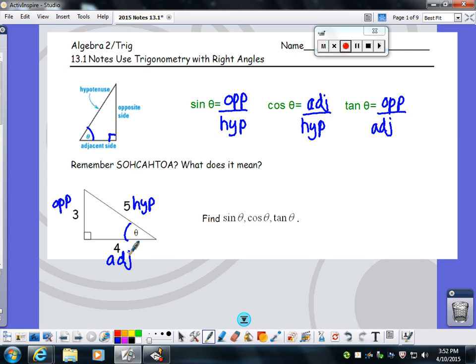So sine of theta is opposite over hypotenuse, so 3 over 5. The cosine of theta is adjacent over hypotenuse, so 4 over 5. And the tangent of theta is opposite over adjacent, so 3 over 4.